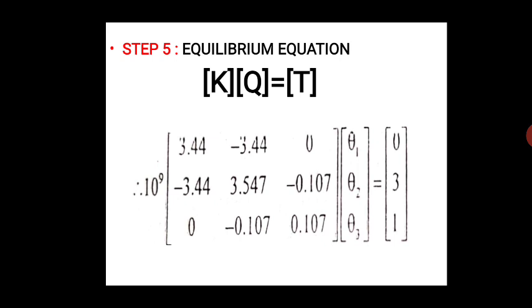And the torque vector can be written as, since there is no torque at node 1, 0, and there is a torque of 3 kilonewton at node 2, that is 3, and there is a torque at node 3, that is 1 kilonewton. So this is the equilibrium equation.